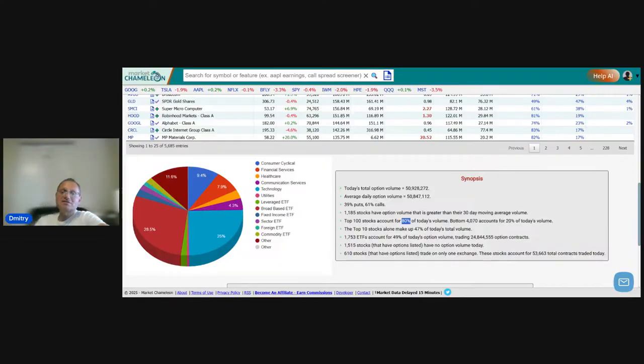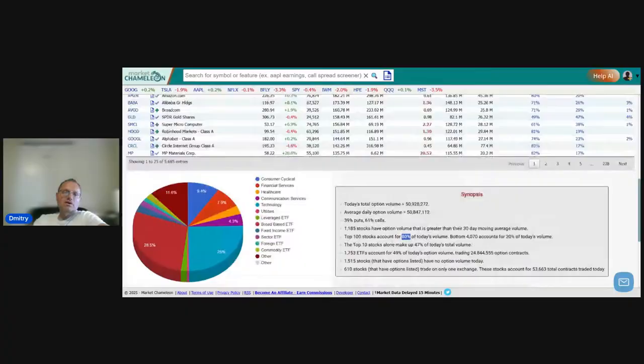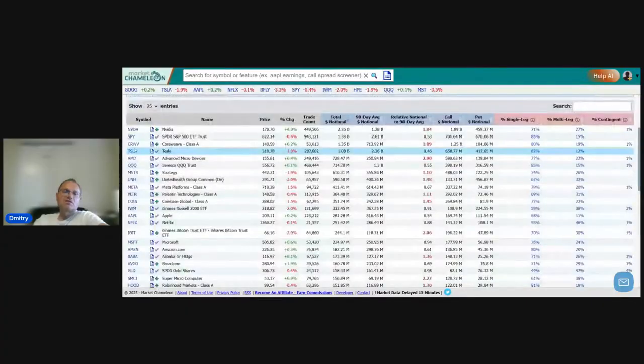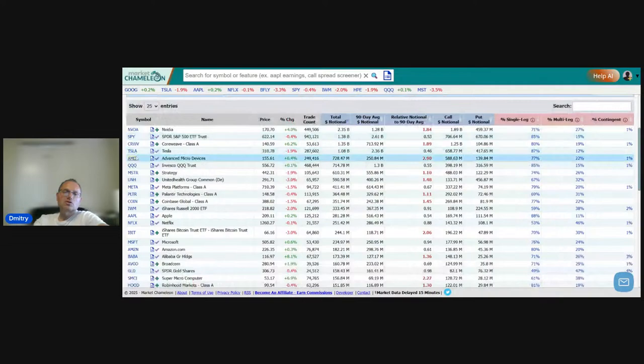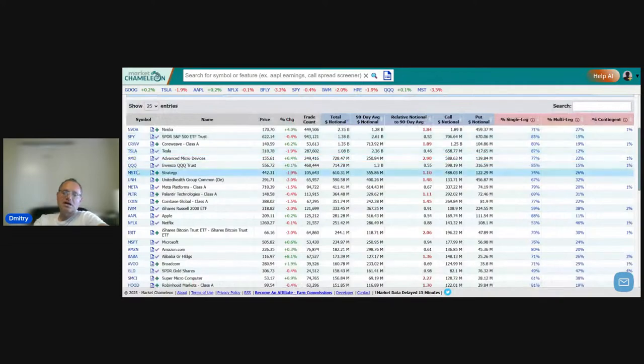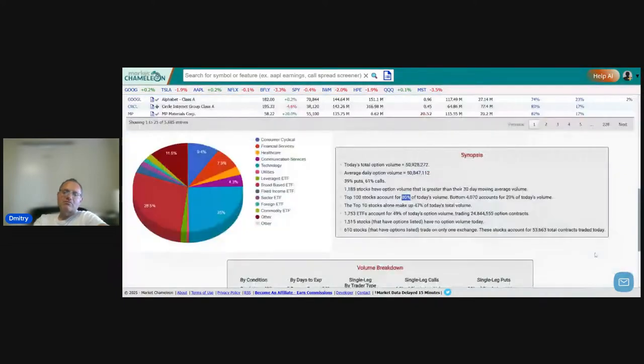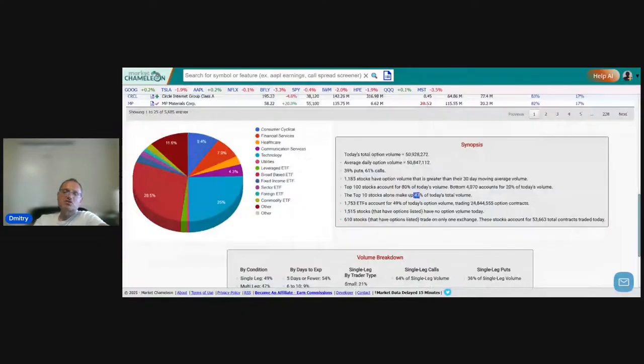If we took the top 10 stocks, NVIDIA, SPY, Tesla, QQQ, that represented 47% of all the volume. So this lets us know that a lot of the options volume is very, very concentrated, right?